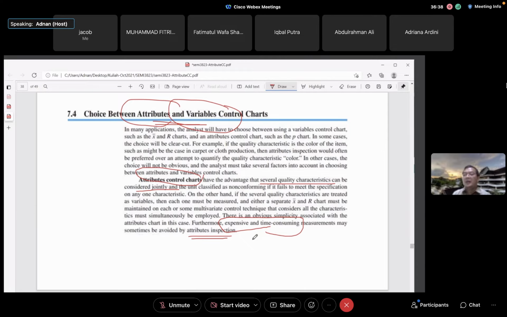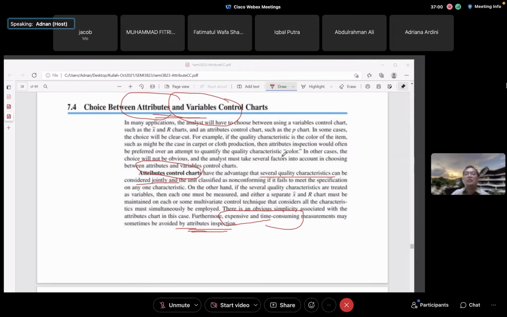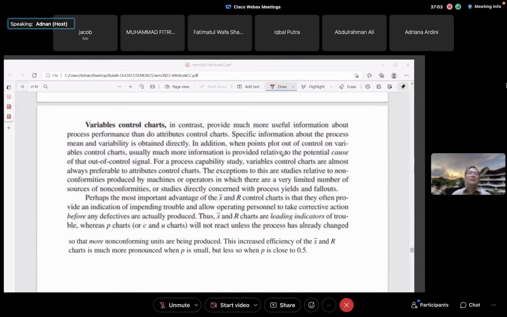We make it a simple judgment rather than giving numbers on how blur the print is, which needs equipment. Variable control charts give a lot of information for us to diagnose the problem, while attribute control charts have less information.